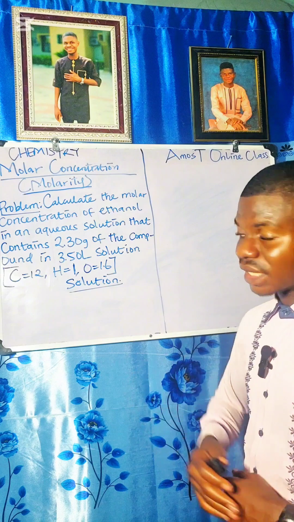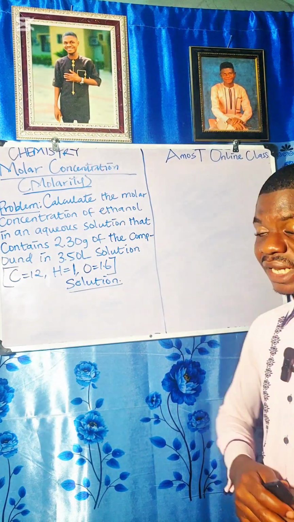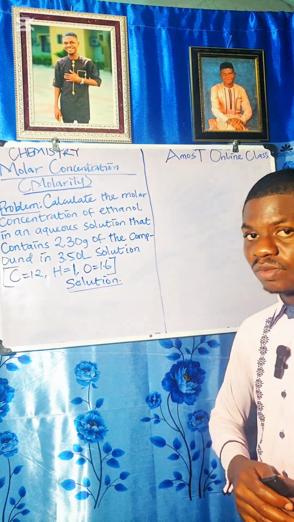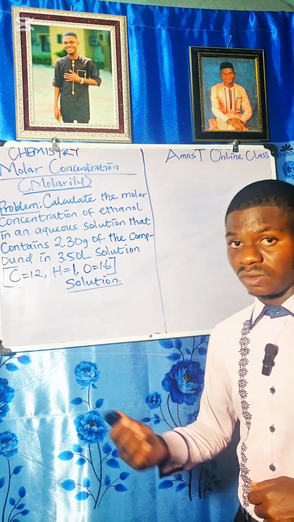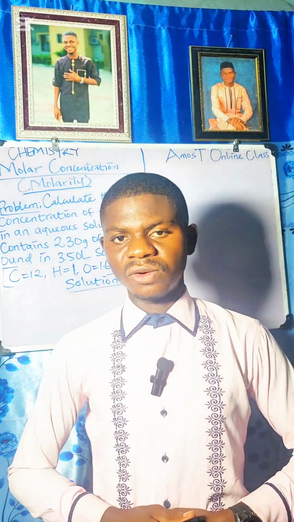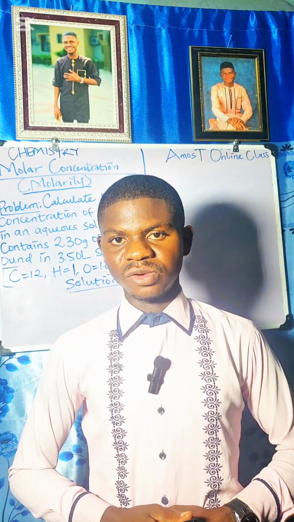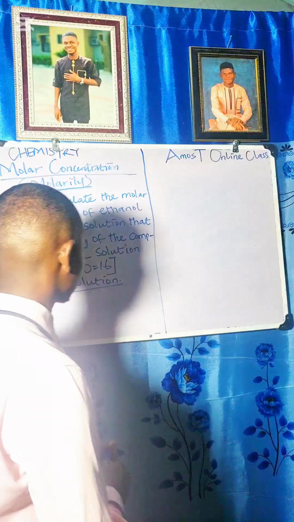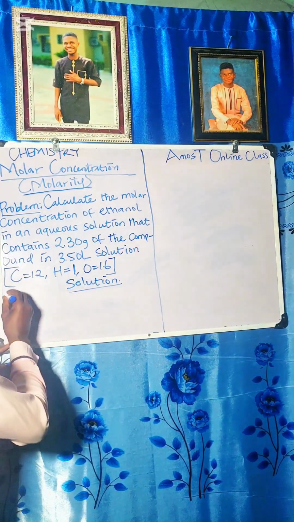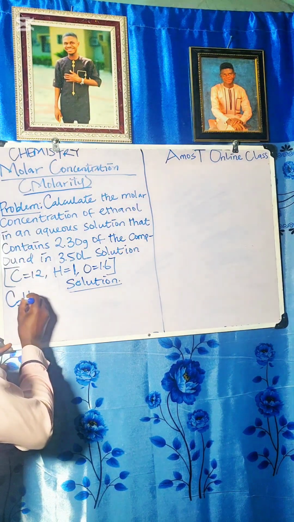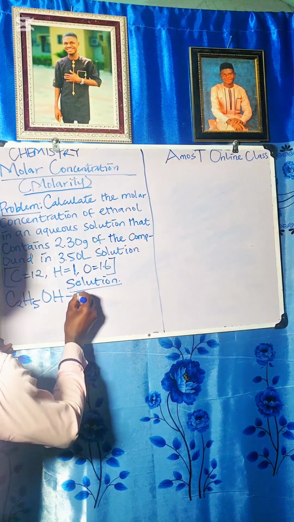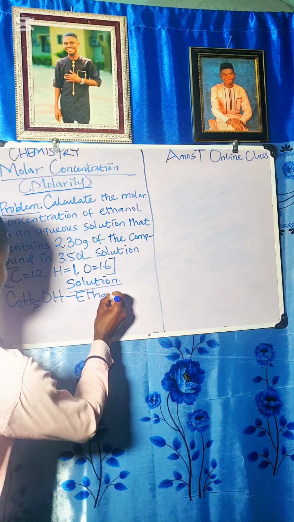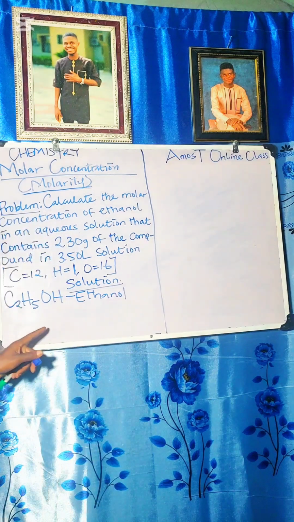Now the question says calculate the molar concentration of ethanol in an aqueous solution that contains 2.30 gram of ethanol in 3.50 liter solution. Now what we need first is to write the chemical formula of ethanol. This is ethanol.